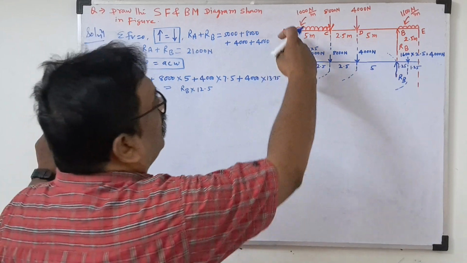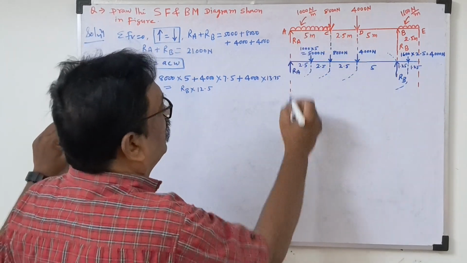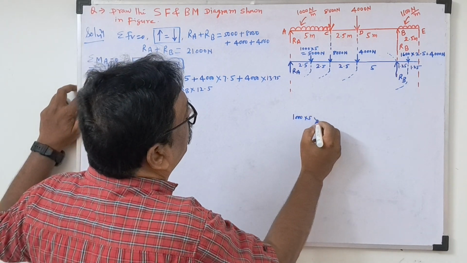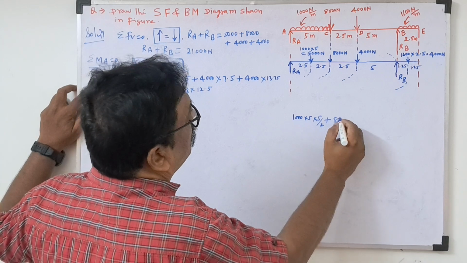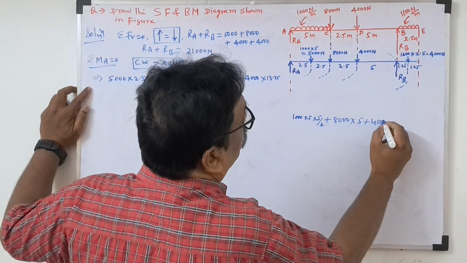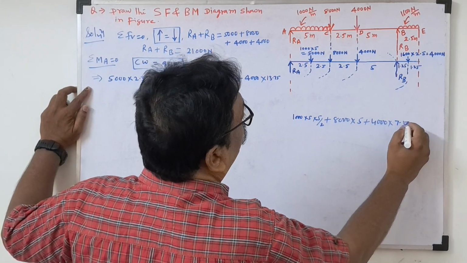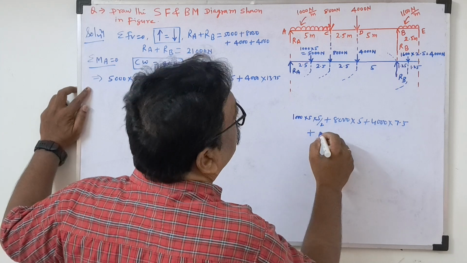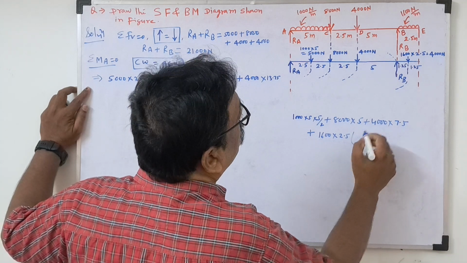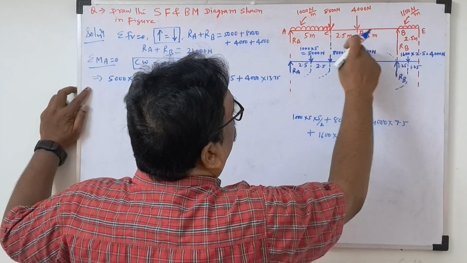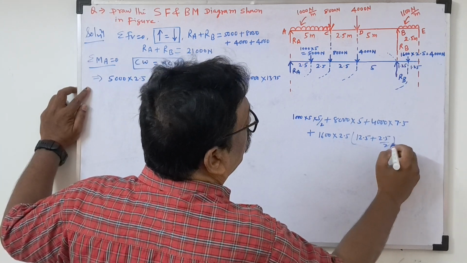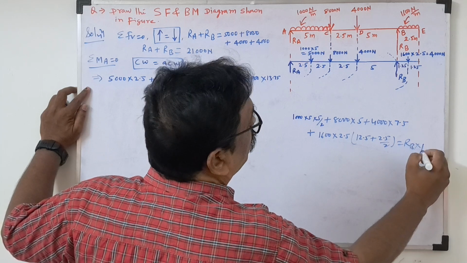Or directly, if we take the moment about A, what will we write? 1,000 into 5 by 2 plus 8,000 into 5 plus 4,000 into 7.5 plus 1,600 into 2.5 into total distance 12.5 plus 2.5 by 2, equal to RB into 12.5.